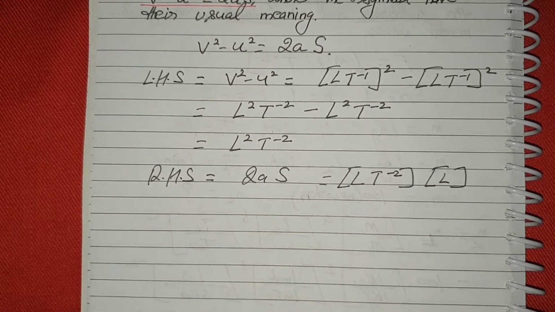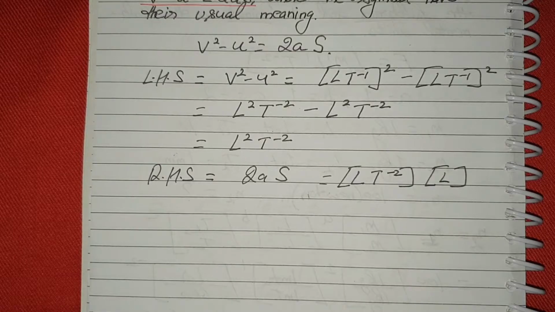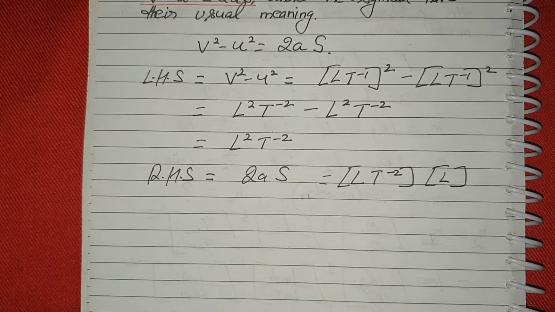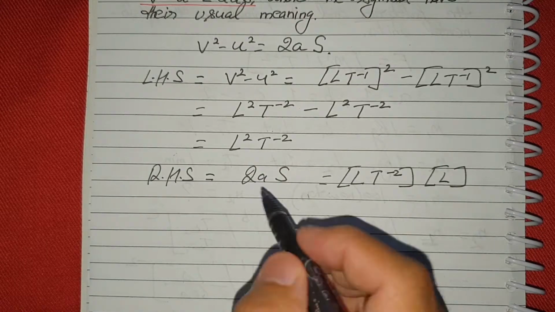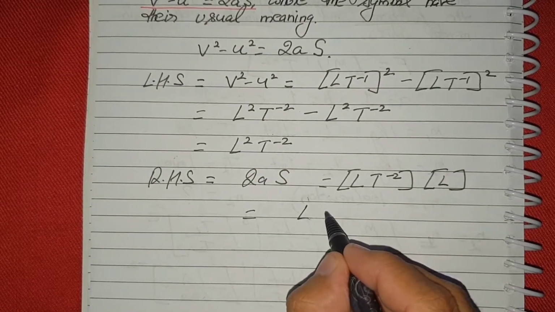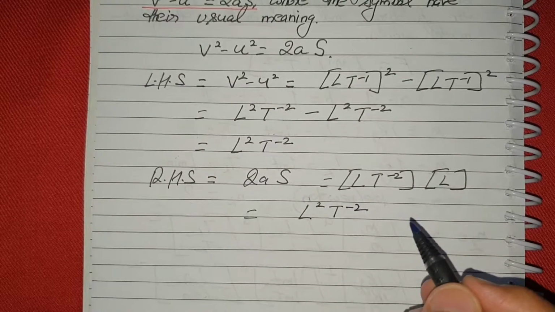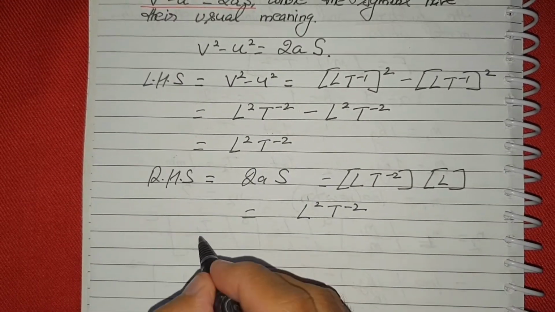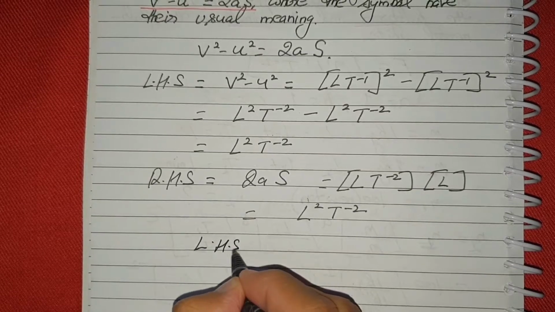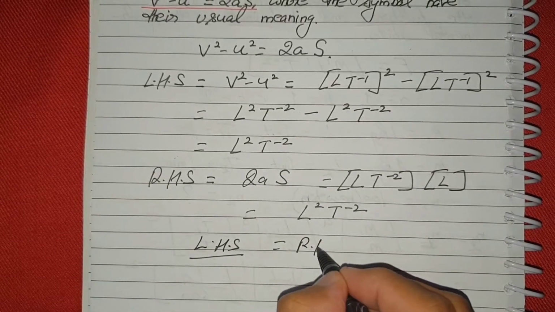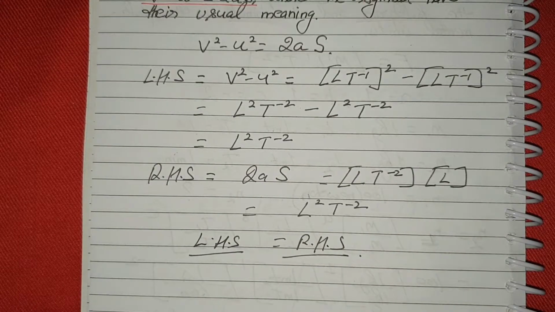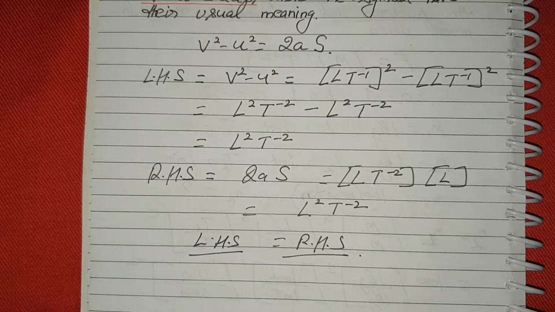If it is 2, we cannot write its dimension, and this dimensionless constant is the limitation of this dimensional equation. So RHS is actually L square t minus 2. Now we see that dimensions of LHS are equal to dimensions of RHS. So hence the formula is correct. Since the dimensions are equal, the formula is correct.